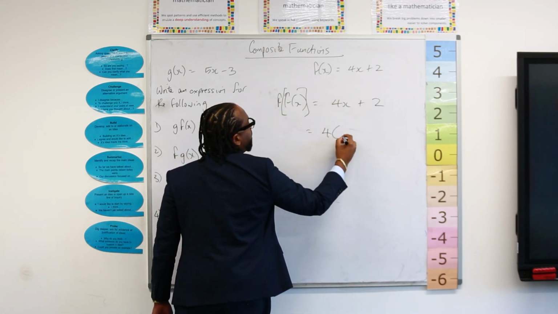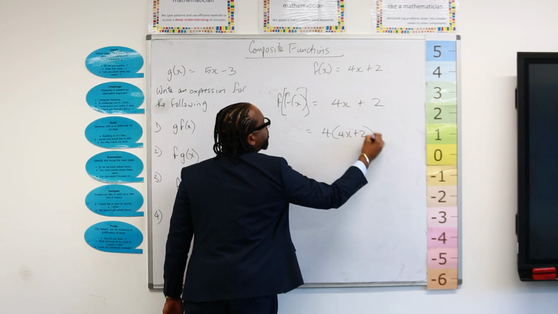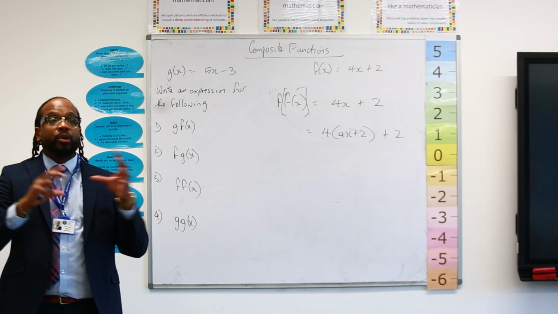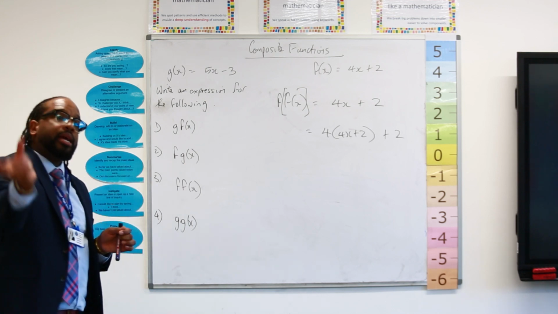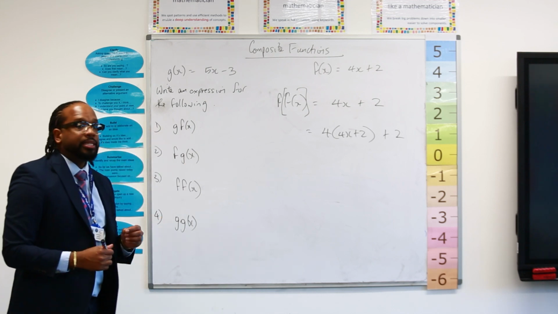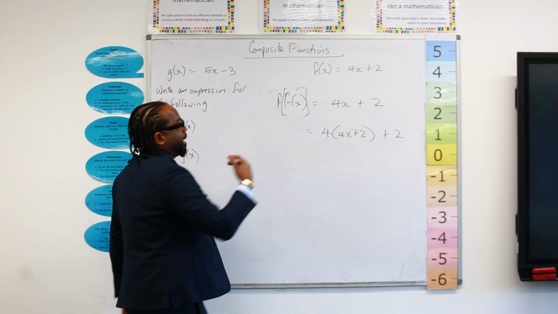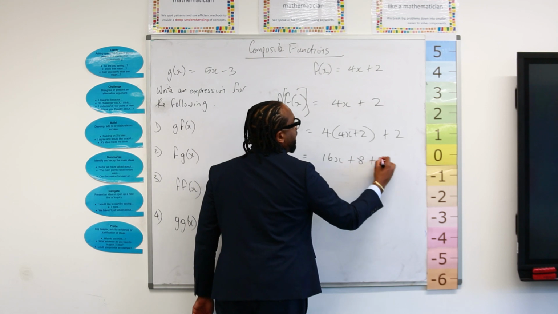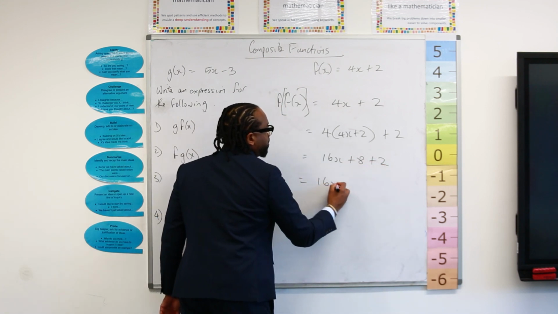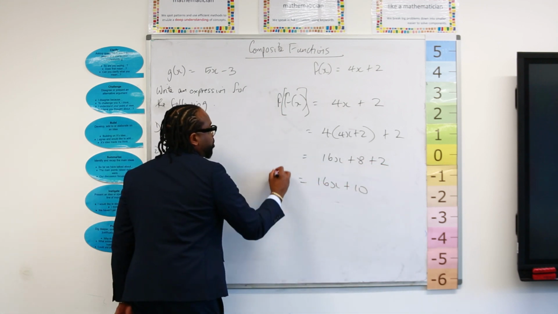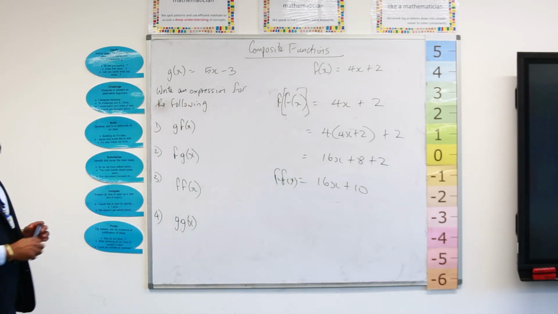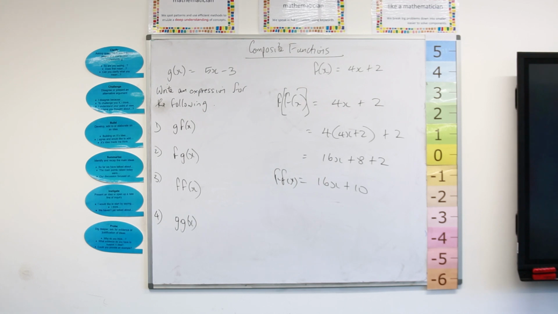So it becomes 4 bracket 4x plus 2 on the end. So again, all I'm doing is taking the expression and replacing x with it, back into itself. I'm going to expand and simplify so that becomes 16x plus 8 plus 2, and that becomes 16x plus 10. So f of f of x is equivalent to 16x plus 10.